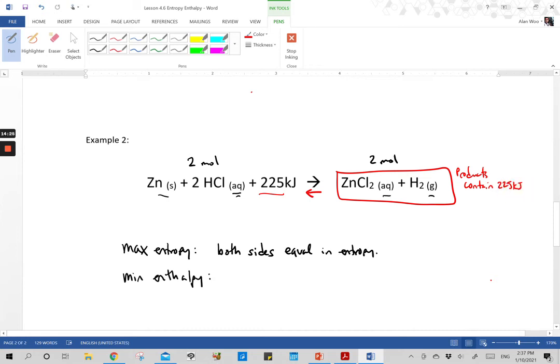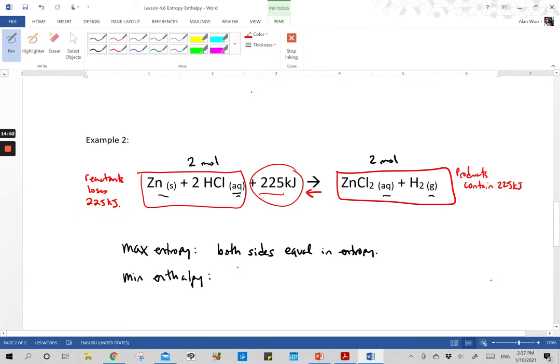Okay. If you're going in the reverse reaction, the products, when they reform the reactants, they get rid of 225 kilojoules of energy. So your reactants lose 225 kilojoules.